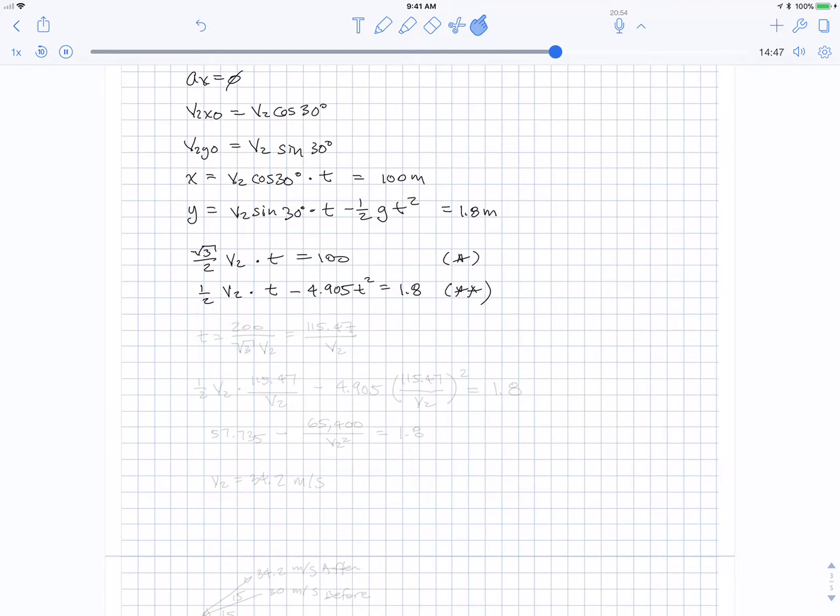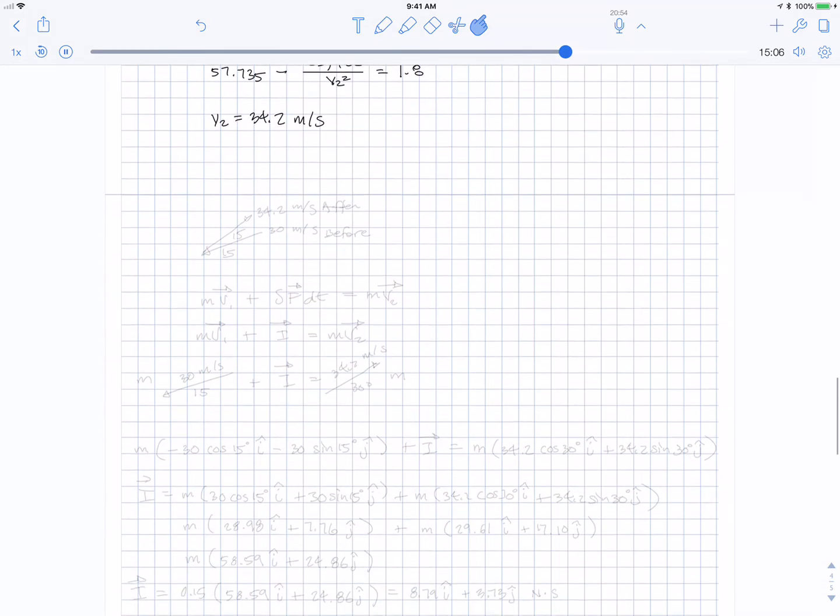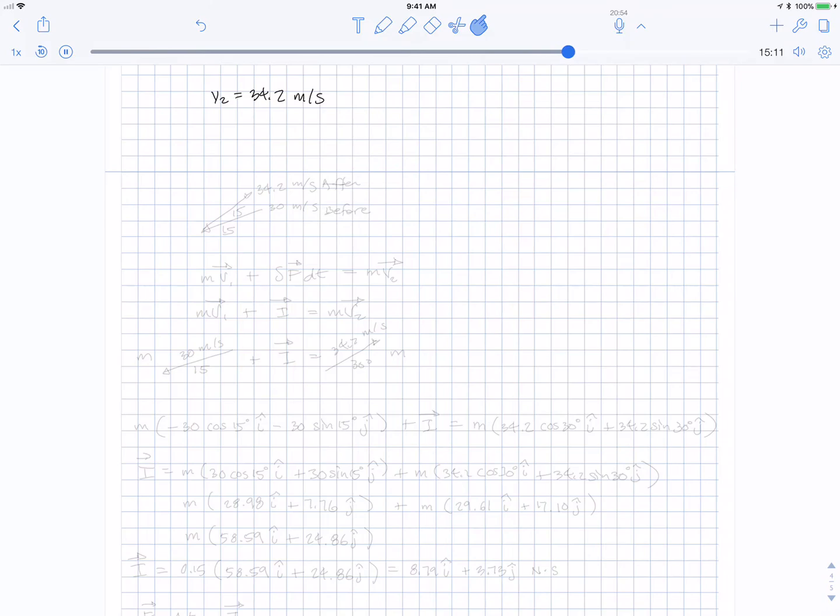Okay, so I solved equation 1 for t and then plugged that into equation 2 and then solved for V2. And this is what happened. Okay, we get V2 is 34.2 meters per second. So that's the projectile motion part. So now we can start the impulse momentum problem.